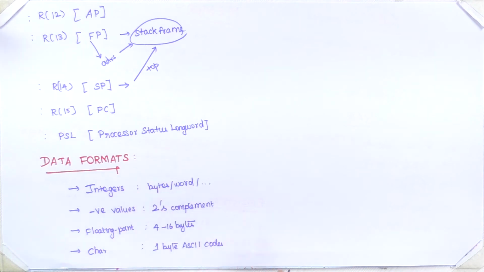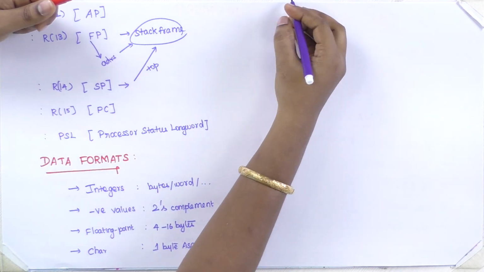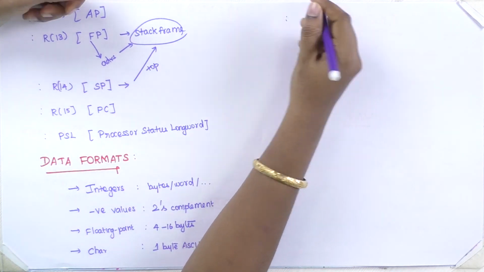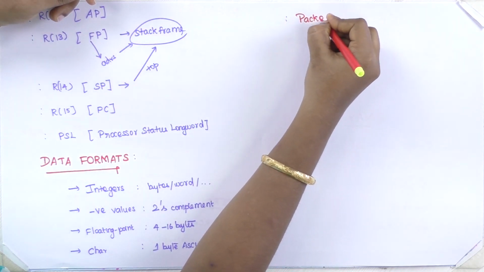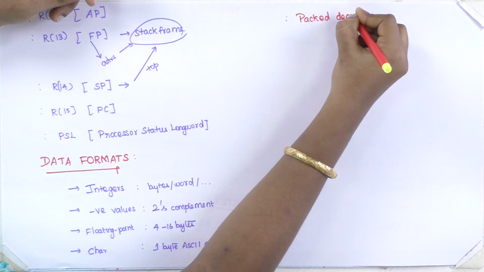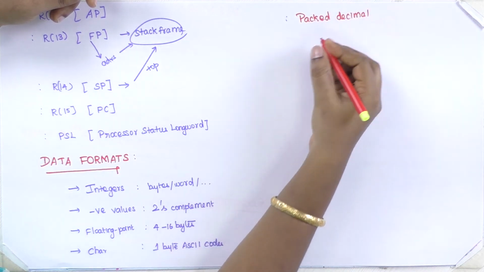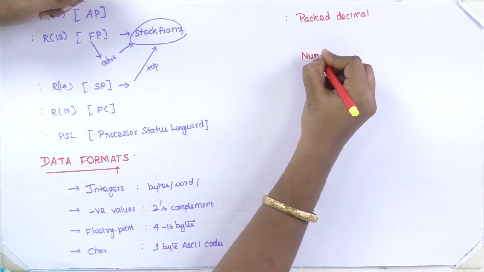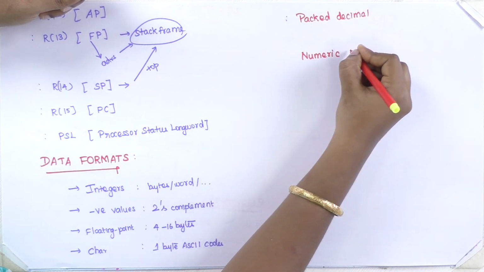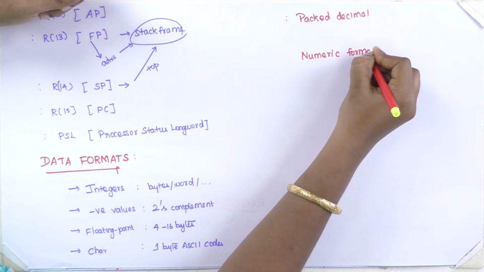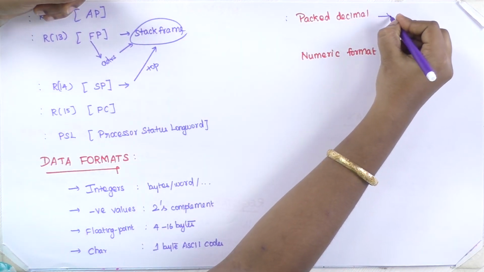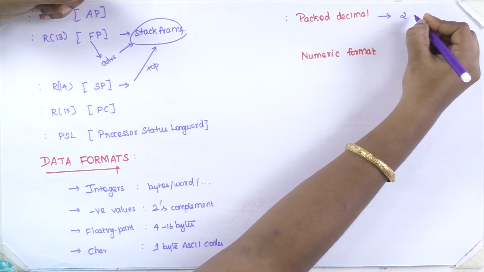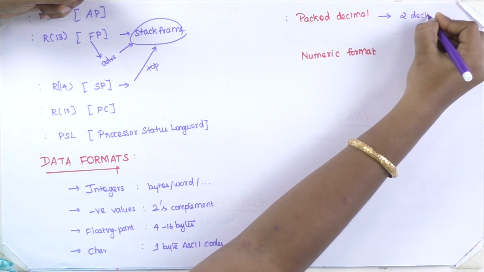VAX architecture provides 2 different kinds of formats. One is packed decimal format and another one is numeric format. In packed decimal format, each byte represents 2 decimal digits.